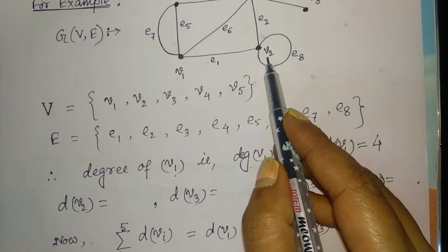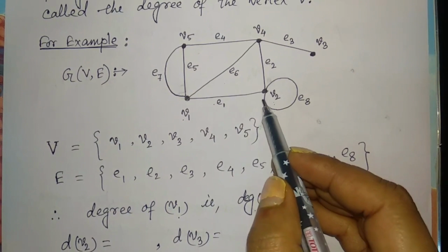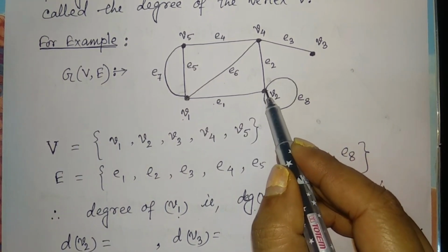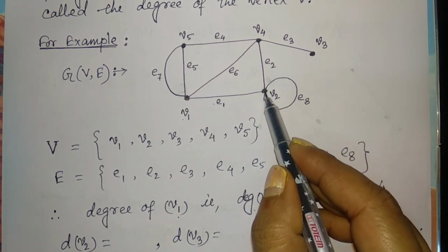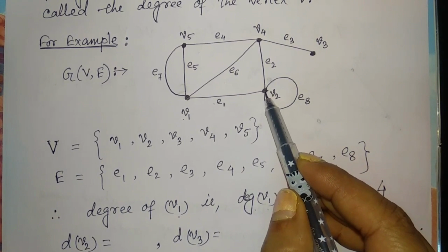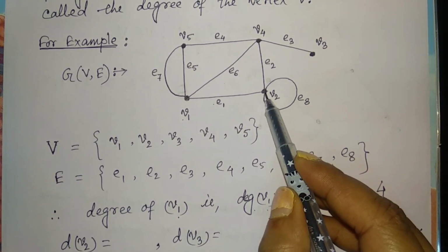Now come to the vertex V2. Here in V2, one self loop is given. If any loop is given at a vertex, then the loop should contribute 2 to the degree of the vertex.